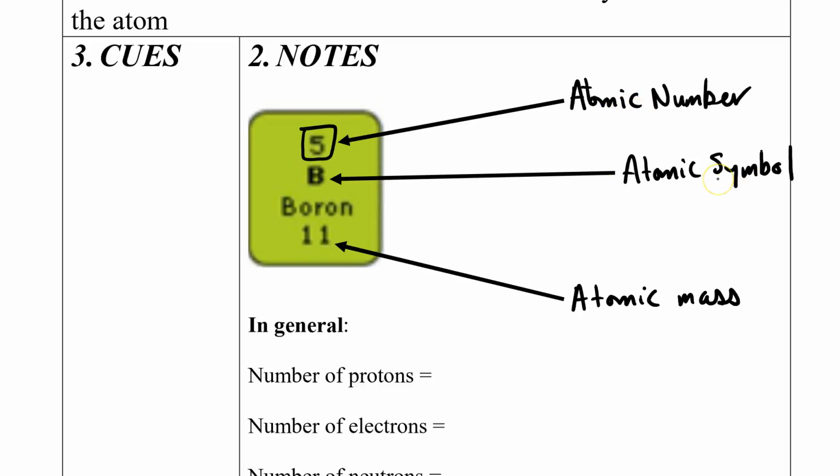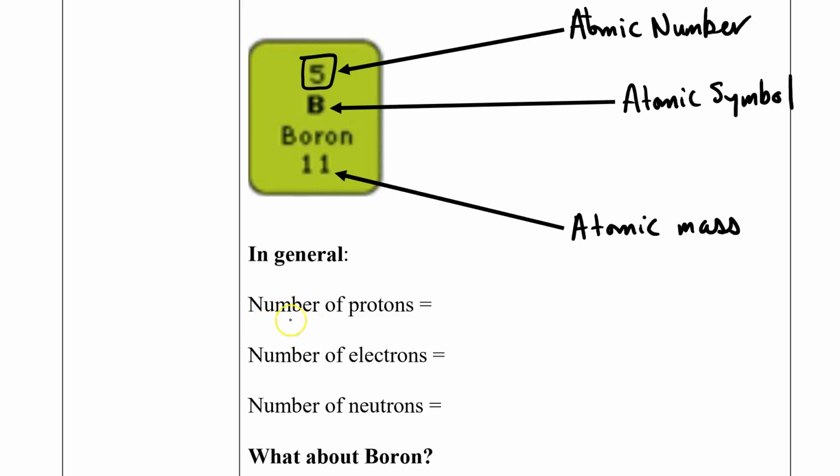The atomic symbol is pretty easy to distinguish because it's a letter instead of a number, but the atomic number and atomic mass are both numbers. Now the bigger one is going to be your atomic mass, and the smaller number is going to be your atomic number. So in general, the number of protons in the nucleus of a given atom is the atomic number.